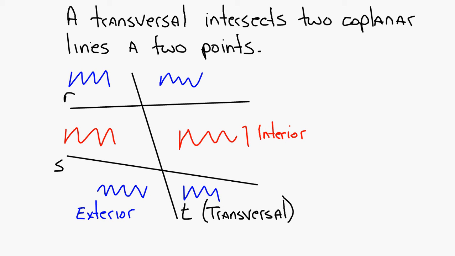The transversal that intersected the 2 lines R and S created 8 angles. Where T intersects R, you have 4 angles here: angle 1, 2, 3, and 4. And where line T intersects line S, you have 4 more angles, and this is 5, 6, 7, and 8.